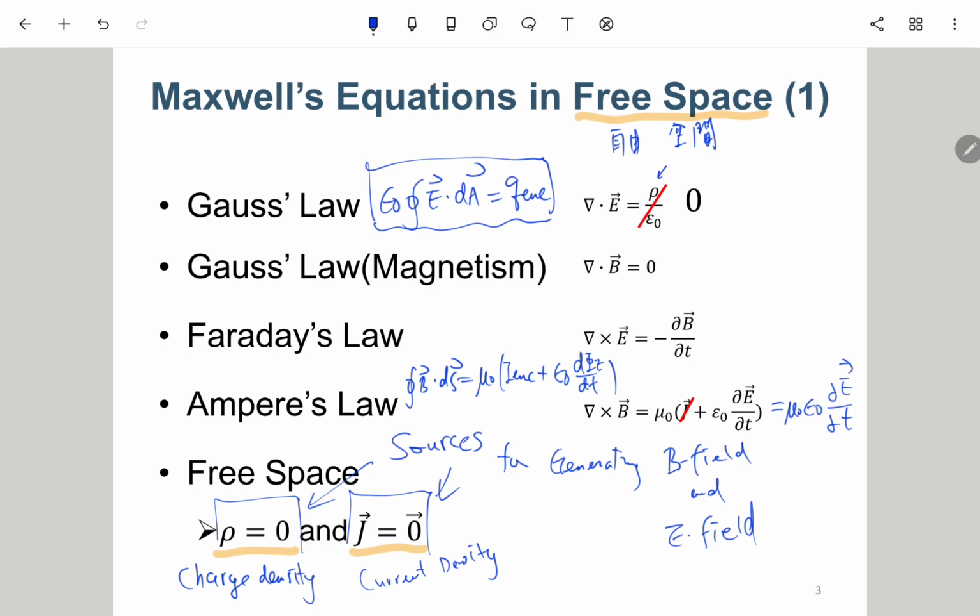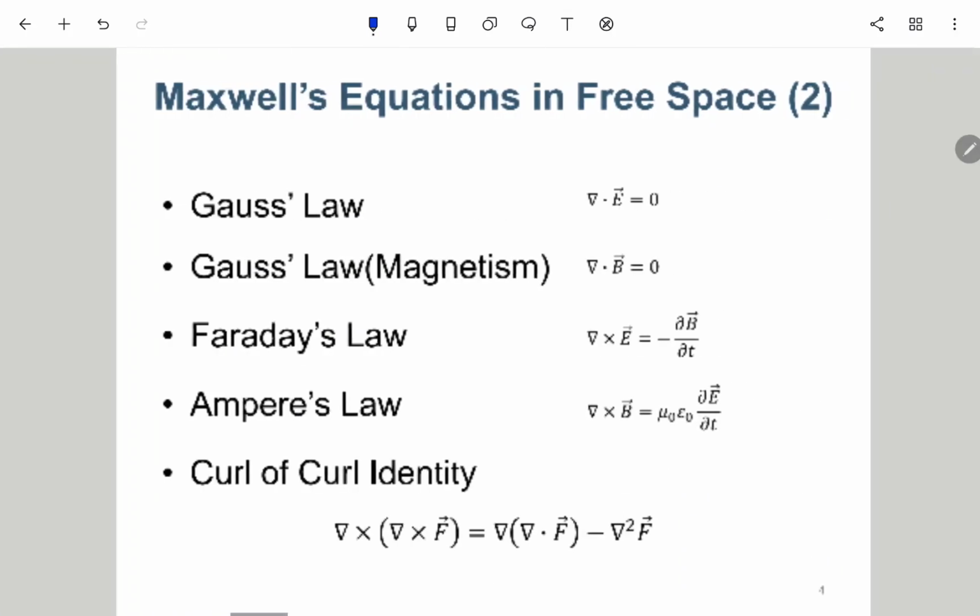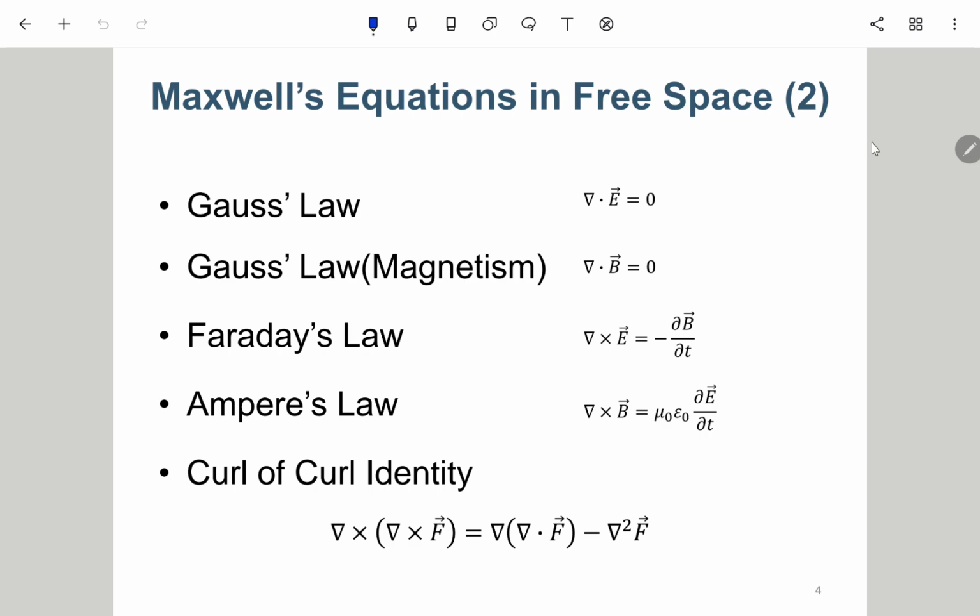有两个项消失了，变成零，所以变得比较简单，所以推出来的这个 wave equation 也比较简单。之前考试有出过一个题目，是假设如果有这两个项的话，推出来的这个 wave equation 会长怎么样？就是有考过，不过其实还蛮简单的。Okay, so for the Maxwell equations in free space, the four equations are simplified like this.